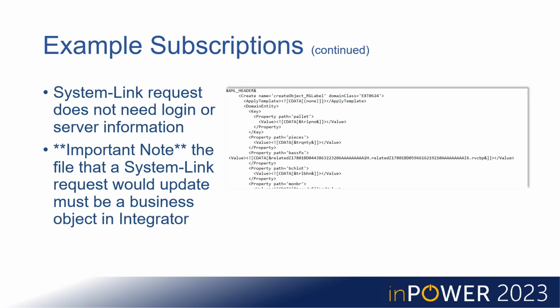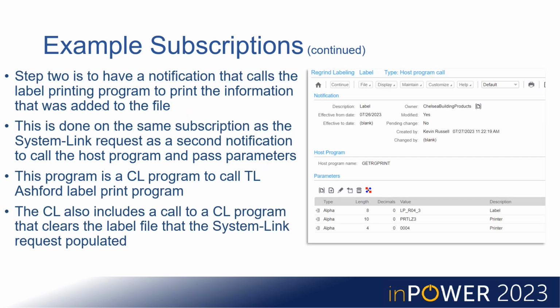Another example is where, after it sent out that request to update a file, I had step 2 of my label printing program, where it did a third subscription. The third subscription called a CL and built a TL, calling the TL Ashford print program.